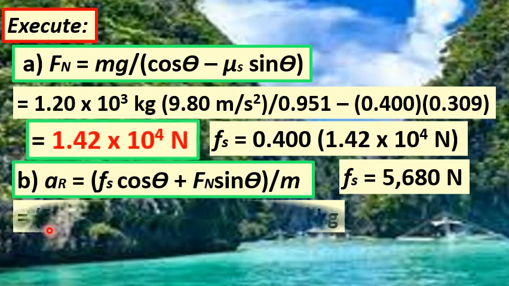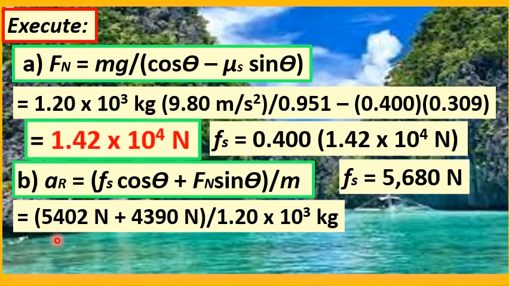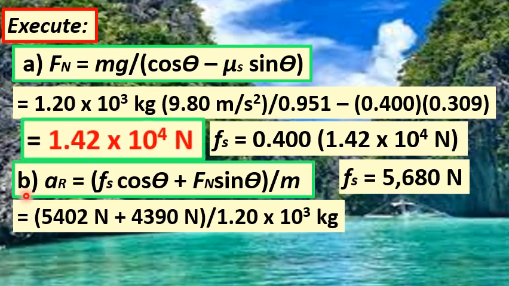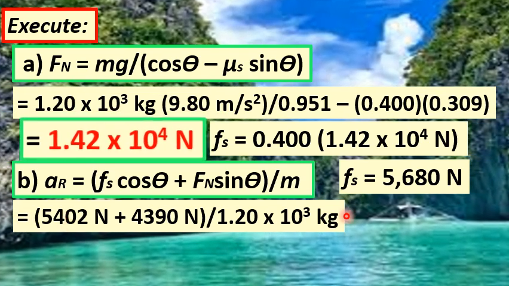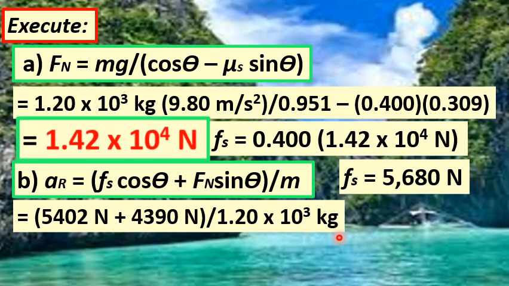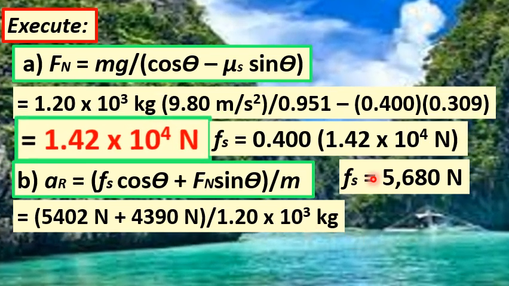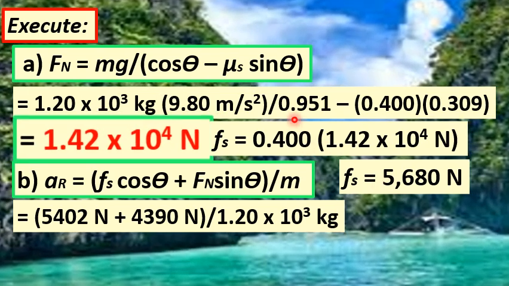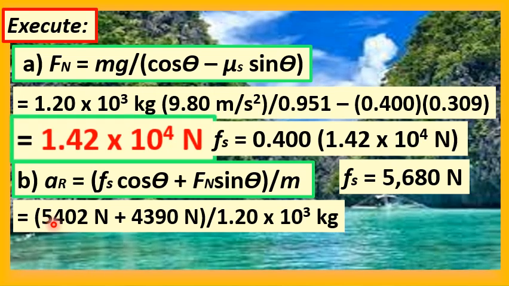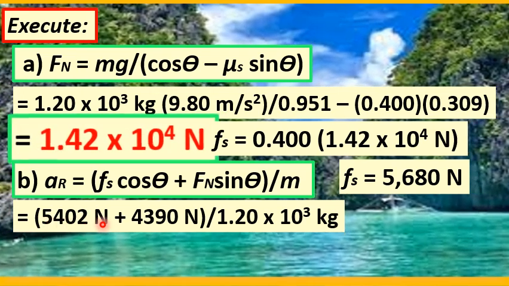That is, multiplying this static friction 5,680 newtons by the value of cosine of the angle theta, which is 0.951, that will give us 5,402 newtons.